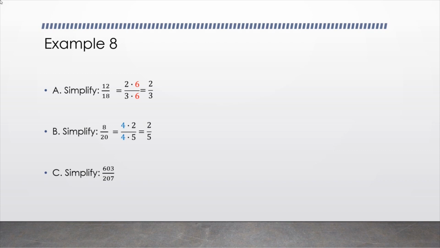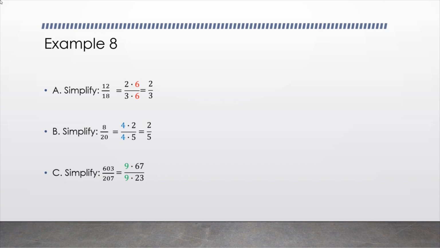That last one, 603 over 207. Just by looking at those and using the divisibility trick, I know that they're divisible by 9. So 9 goes into both of those, and I get 67/23.